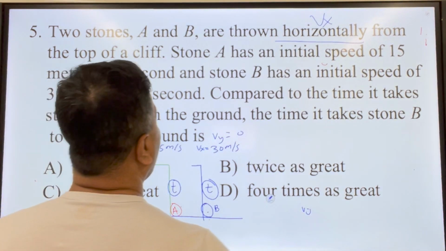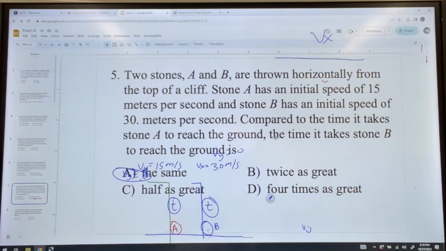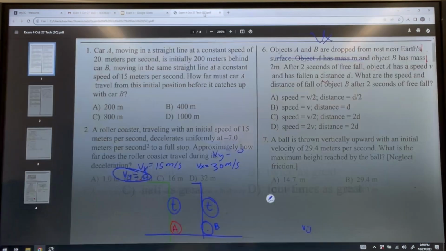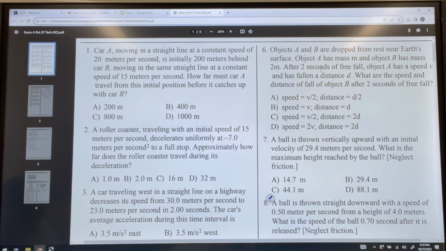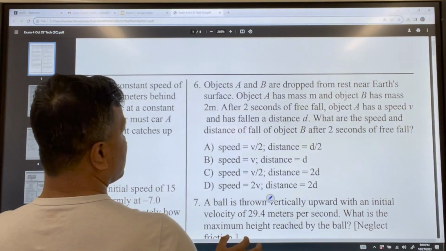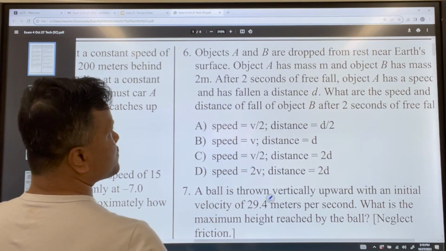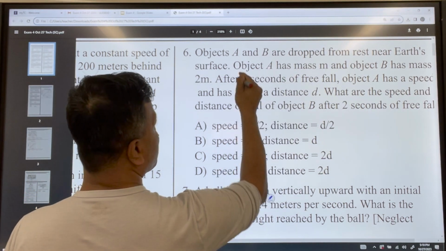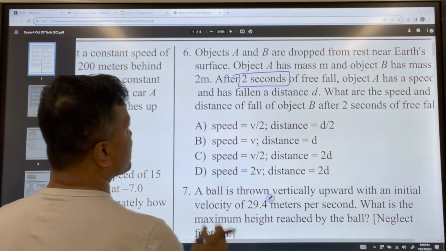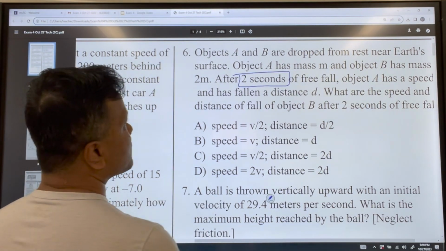Okay, problem 6, let's go to problem 6. So let's go over problem 6. Now, if you drop after 2 seconds, you're going to verify that object A and B are dropped.